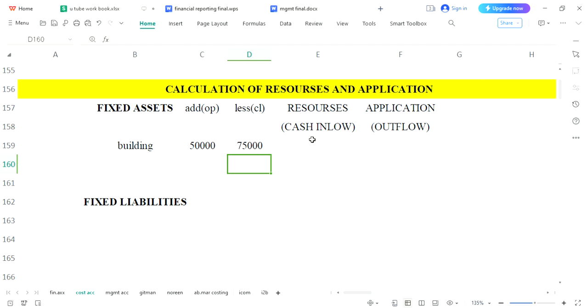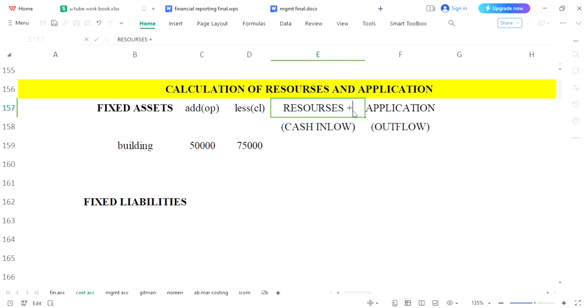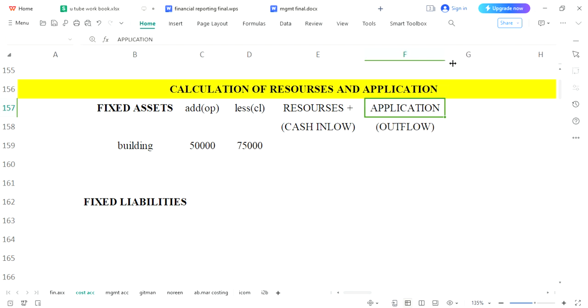So now you will decide whether it's a resource or an application. I have told you that it is a resource if you get a plus sign, and an application if you get a final sign of minus. So now decide in this example.